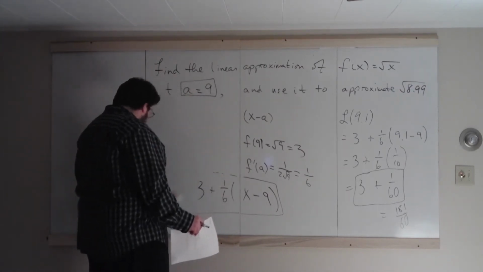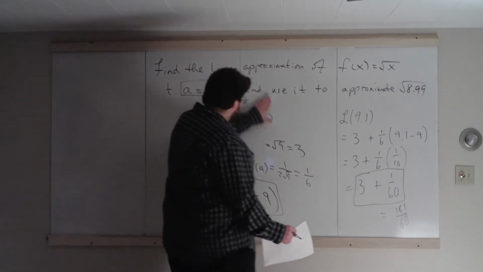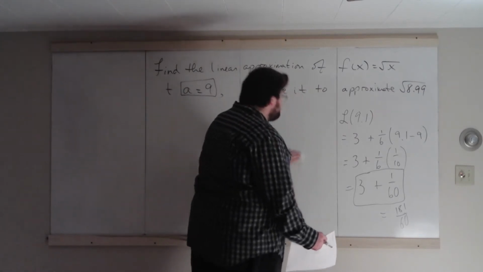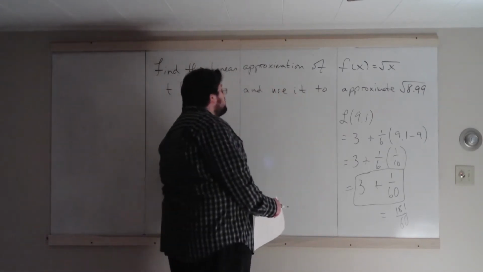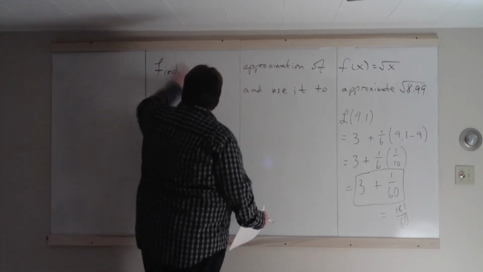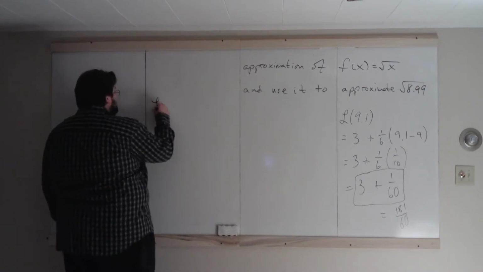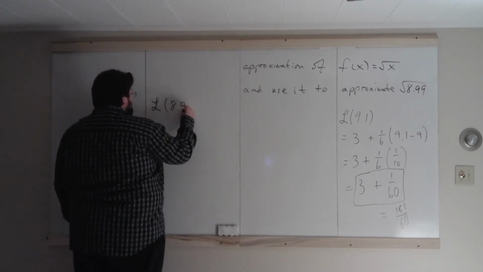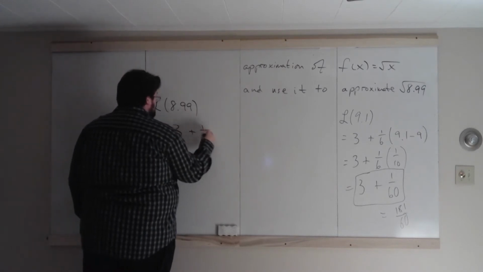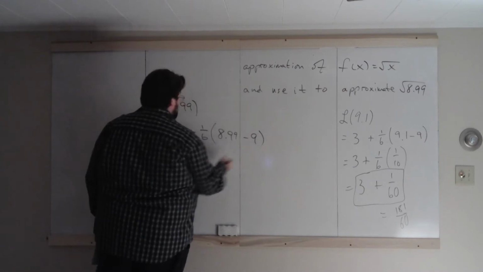I'll erase this since it's written over there. So let's approximate the square root of 8.99. Let's do it on this second board, actually. So we want L at 8.99, and that equals 3 again plus a sixth times 8.99 minus 9.